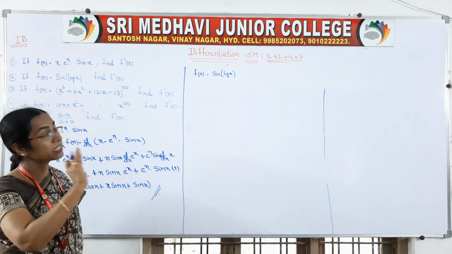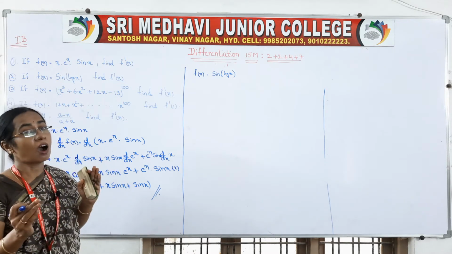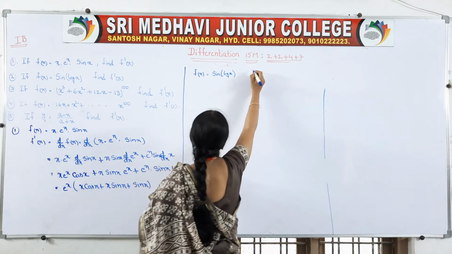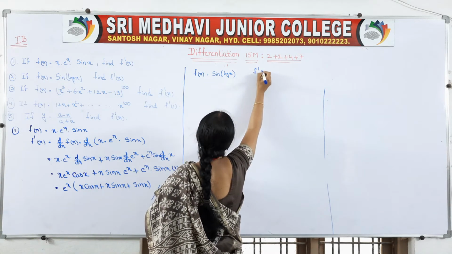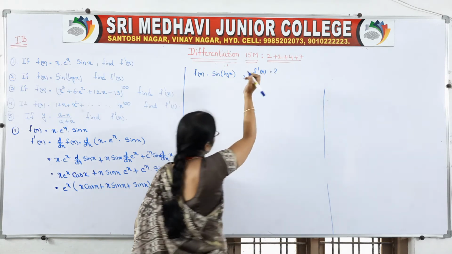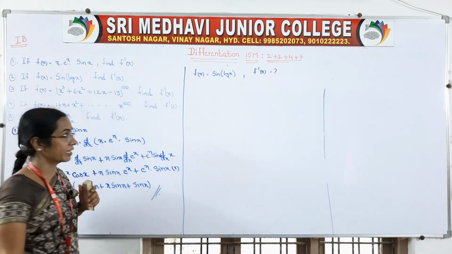It is not sin x into log x; a bracket means we say it as 'of'. If f of x is equal to sin of log x, find f dash x. This is the question.